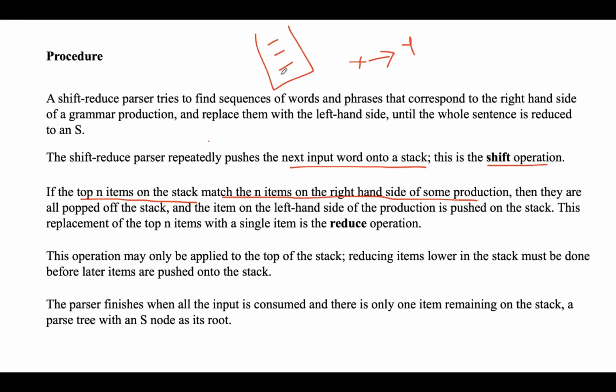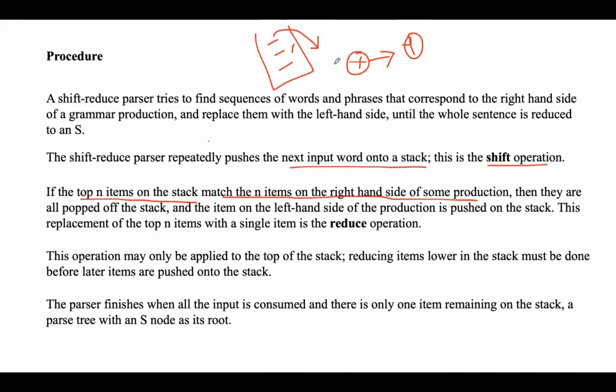If the top n elements of the stack match the n items on the RHS of some production, then you need to pop these elements and push the item on the left-hand side onto the stack.